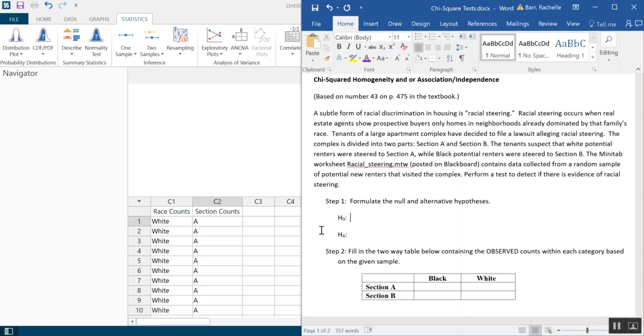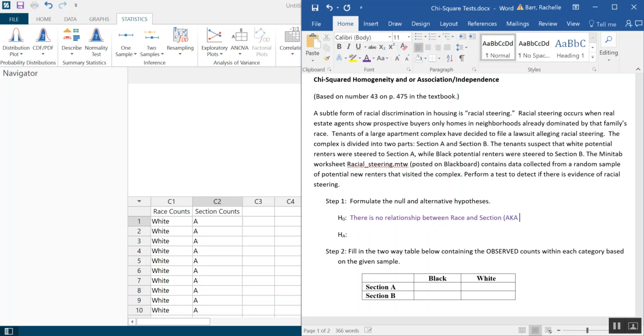I'm going to write this two different ways. Well, I'm going to write it one way and then write things next to it. What we're trying to measure here is something that will actually answer the question, and that's the idea that there is no relationship between Race, I want to capitalize this since it's clearly a variable, and Section.